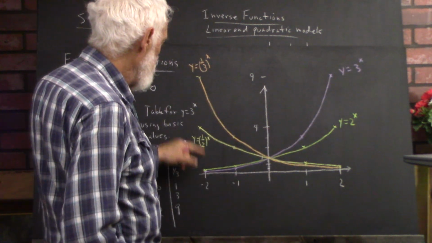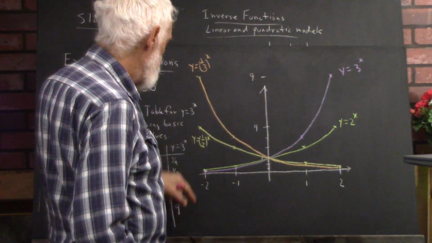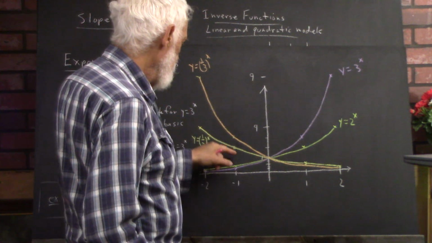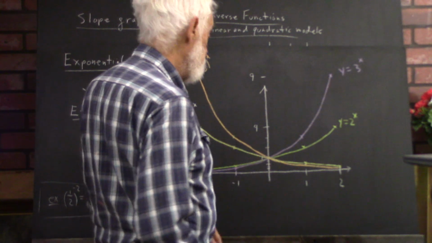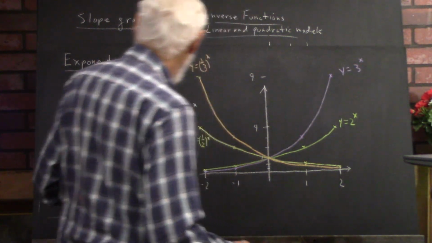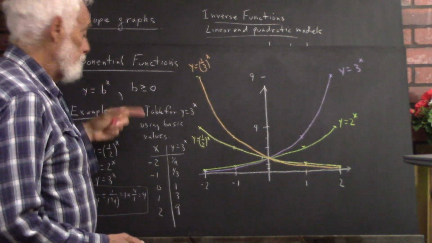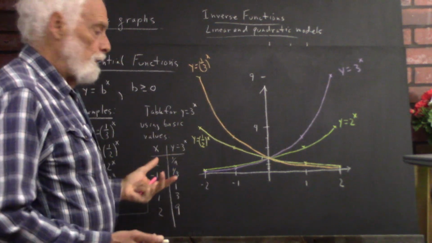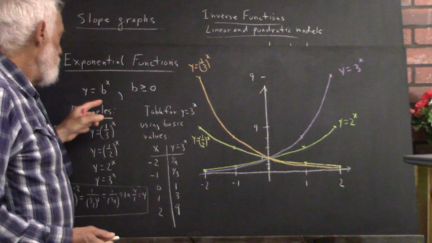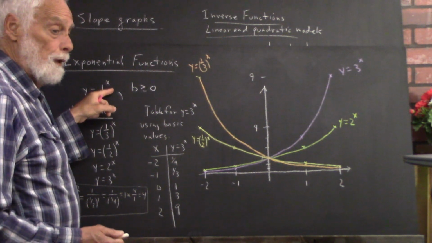Here's our value, -2, 4. Here's our value, -1, 2. Here's our value, 0, 1. And of course, any b to the x, whatever b is, whether it's 1/2, 1/3, 2, 3, 75, when we raise it to the 0 power, we're going to get 1.